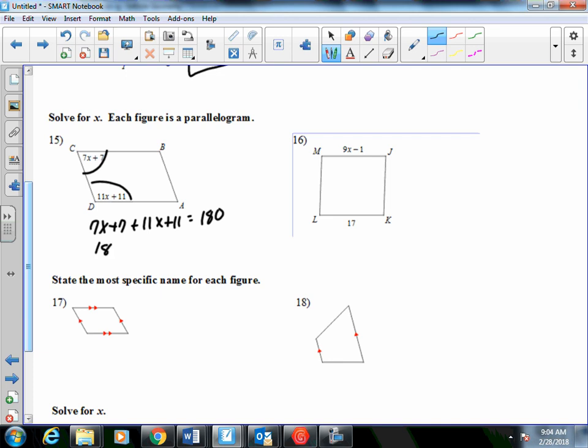So 18x plus 18 equals 180. Subtract the 18. So 18x equals 162. Divide by 18. And 162 divided by 18.